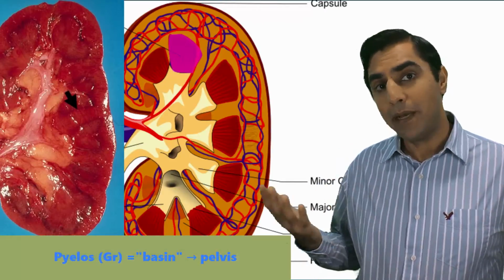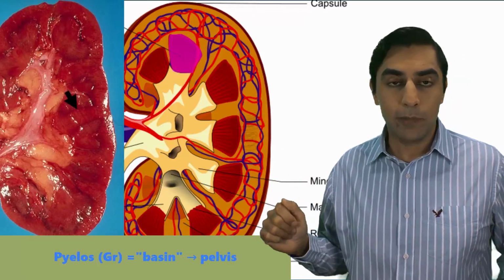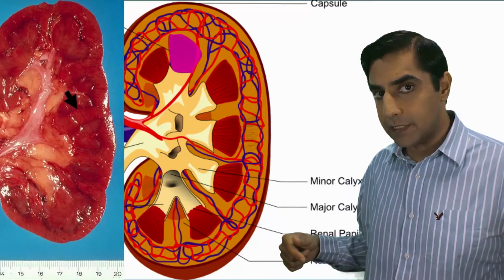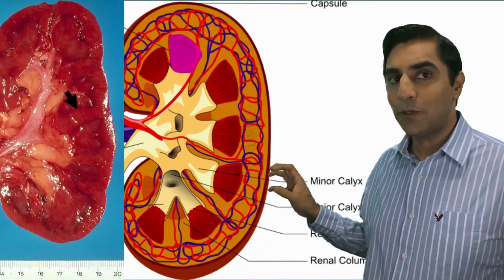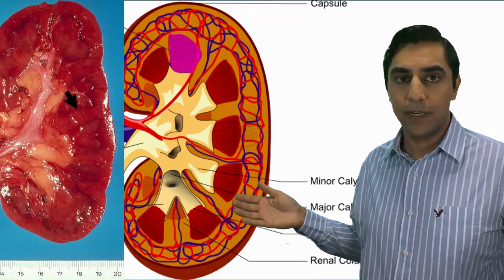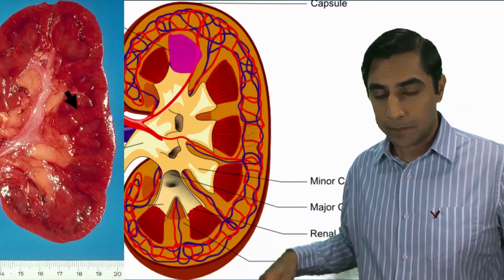So pyelos means pelvis, which unsurprisingly refers here to the renal pelvis. So when we say pyelonephritis, we mean an inflammation of the renal pelvis, which means that the central mass of the kidney is infected, and that's different than a glomerulonephritis, which may or may not be infectious, and most often is just inflammatory.